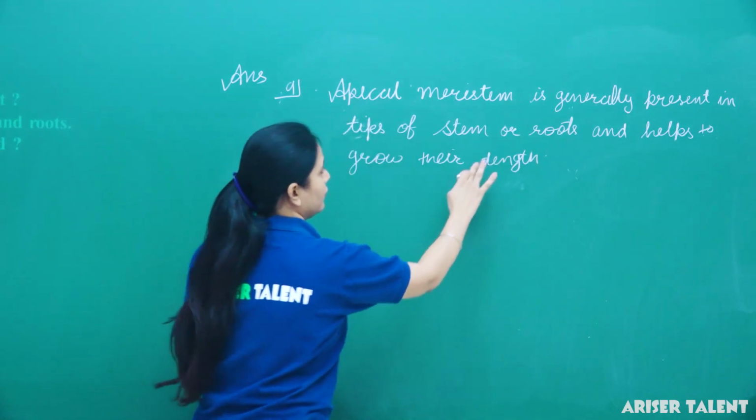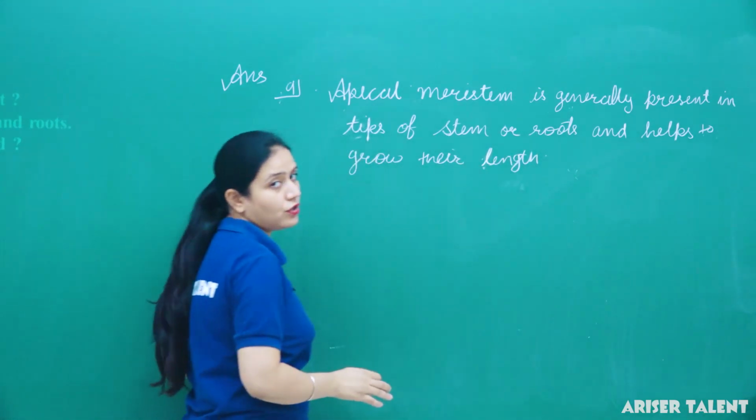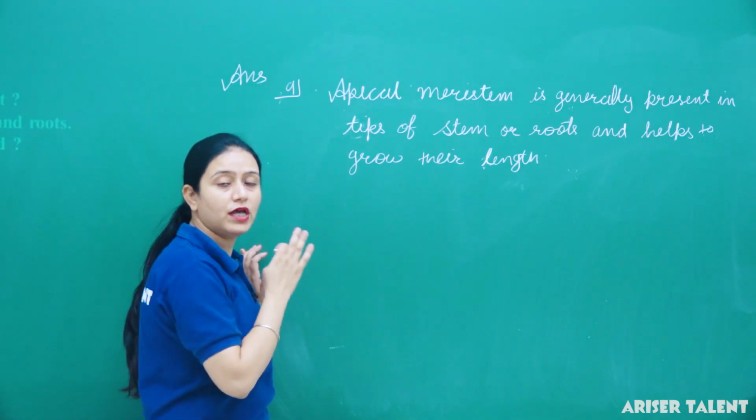Okay, so if apical meristem is damaged or cut, then definitely it will stop the length.